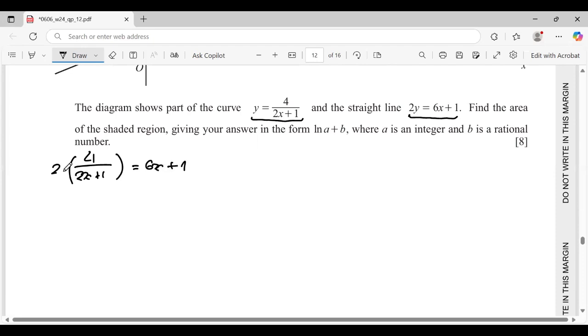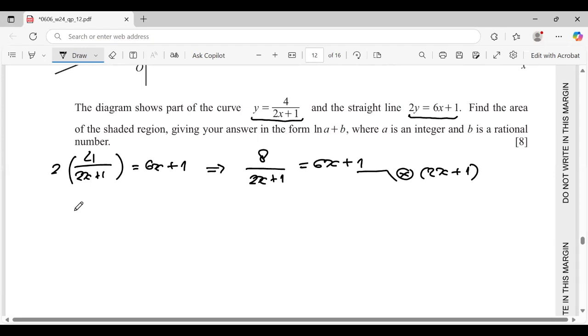So 2 times 4, 8, over 2x plus 1 equals 6x plus 1. After that, multiply both the left-hand side and the right-hand side by 2x plus 1.